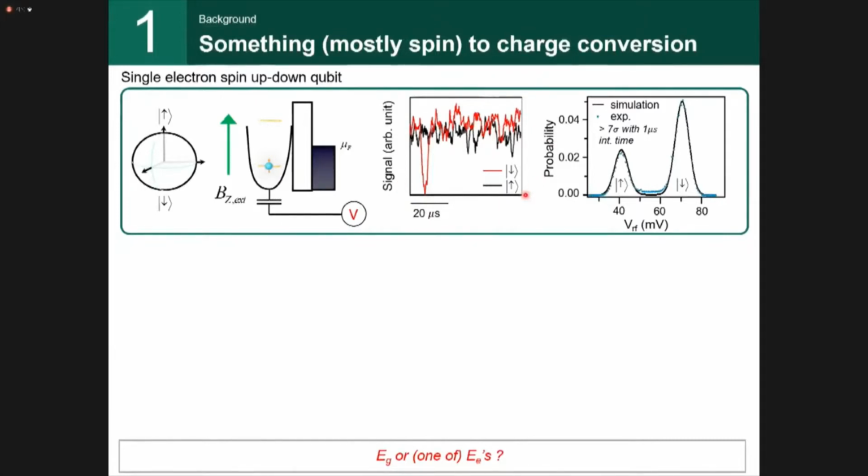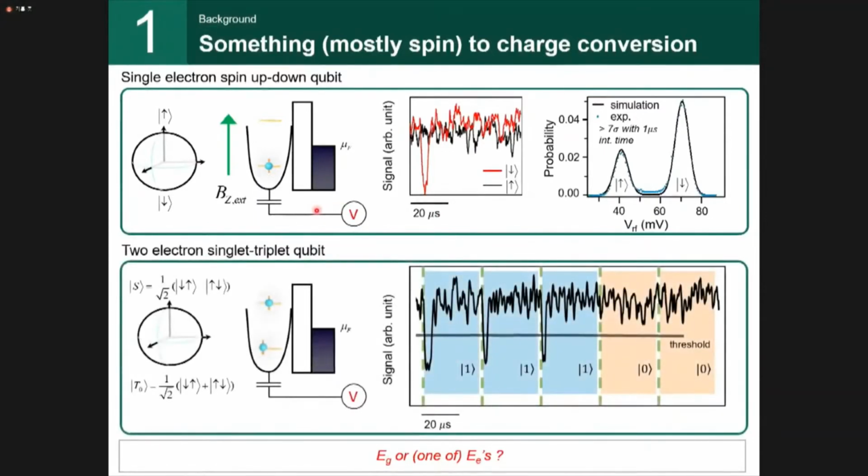We can do the very similar, actually exactly the same experiment in a gate-defined quantum dot as well. Not only single electron spin states, we can distinguish two electron spin states, for example, singlet versus triplet. Because for triplet states, when they occupy the same dot, one electron must occupy a higher orbital, and this electron can tunnel out, giving my sensor signal.